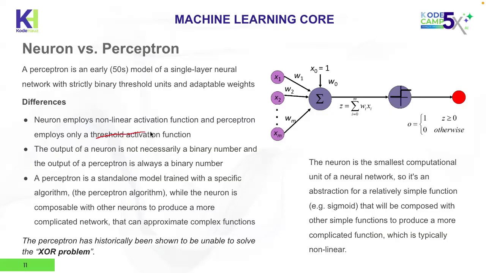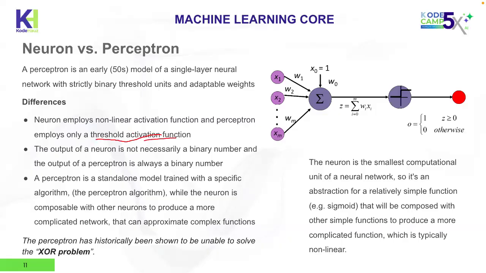And that's what I just showed here, right? What I just showed here is just a threshold. The threshold in this case is 0. If it is above 0, then it is true. If it is below 0, it is false. So that's the first difference, right?